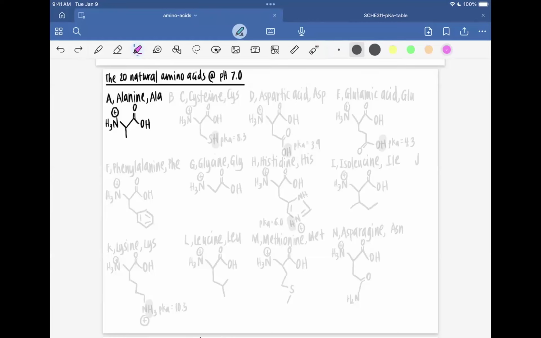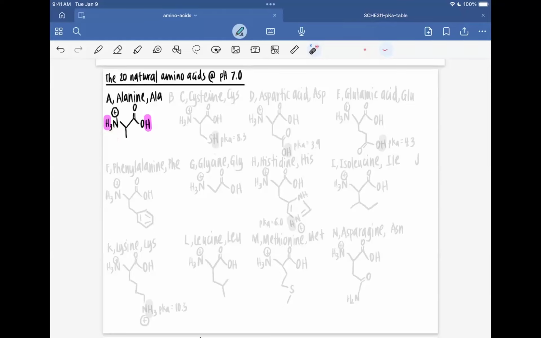The amino acid backbone is what I'm referring to. So the amino group and carboxylic acid group both have ionizable protons. And these protons have respective pKa's. Now, textbooks in general are going to have a nice pKa table where you can refer to the pKa, particularly of the amino group of alanine or the carboxylic acid group of alanine.